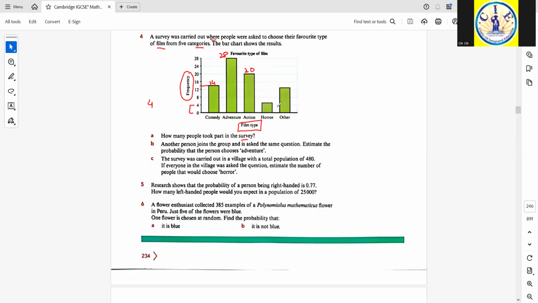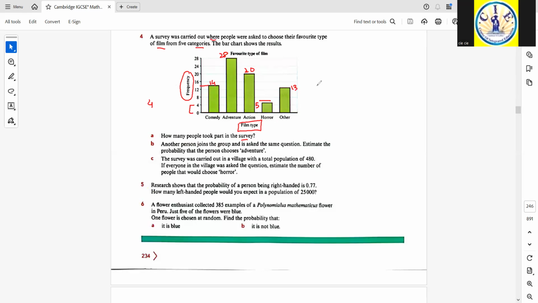This is again the mid of this, which is 6. So this is representing lesser than that, which is 5. So same goes with this one. This represents 13.